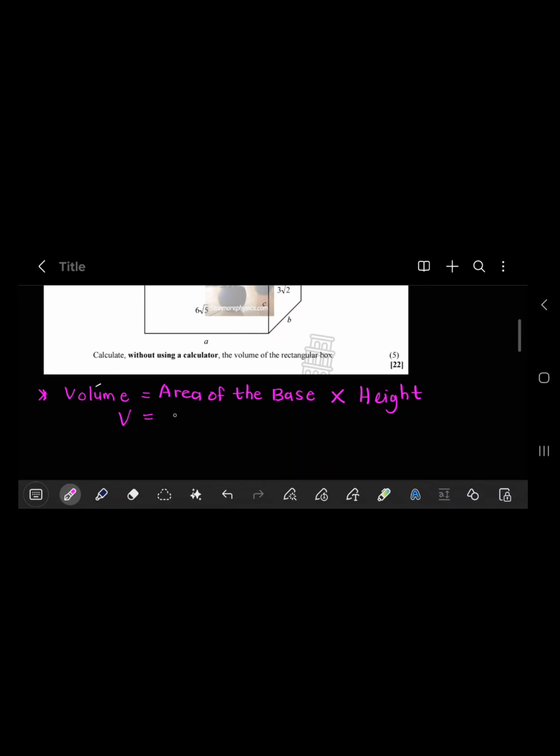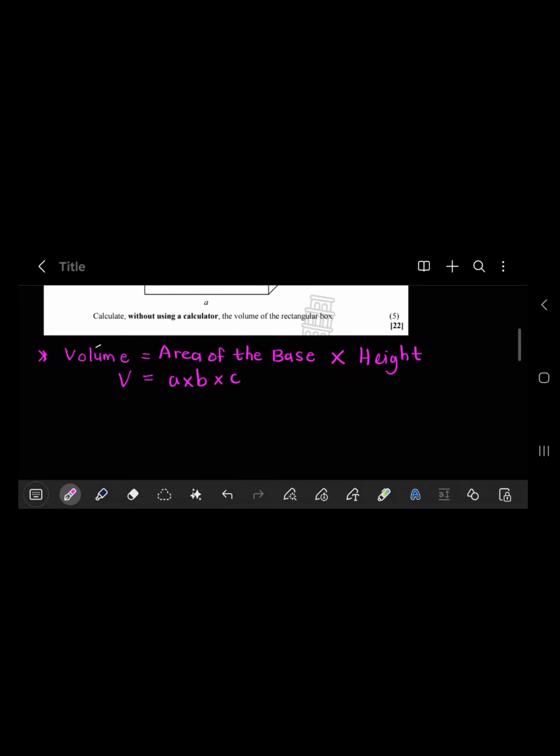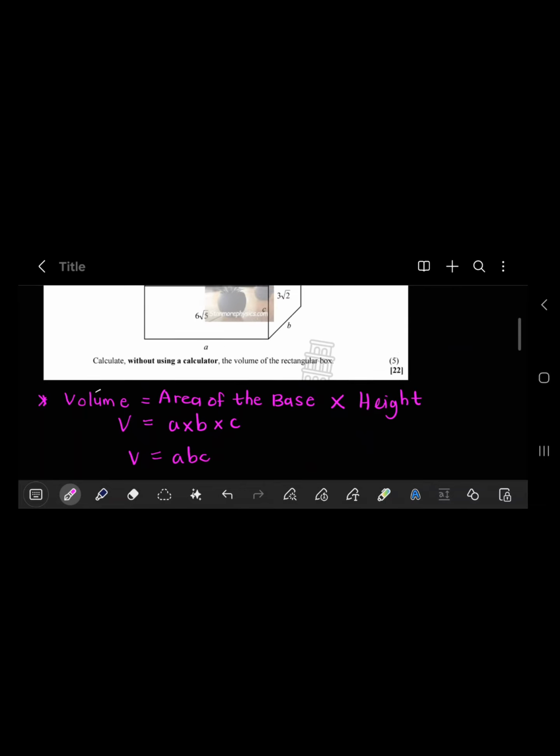Area of the base would be A times B. Multiply that by the height, which is C. Essentially, the volume of this shape is ABC.